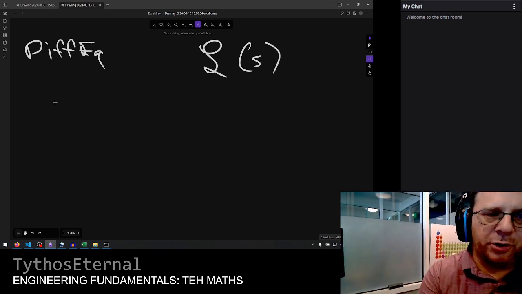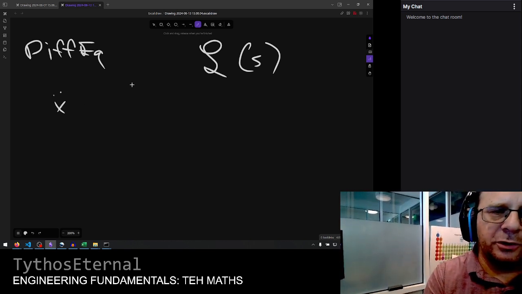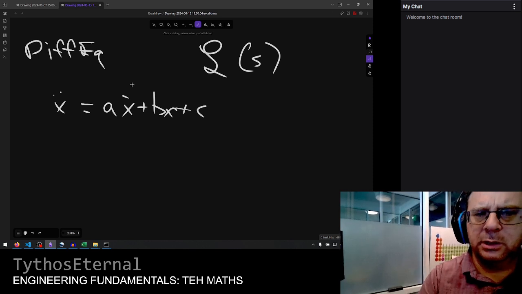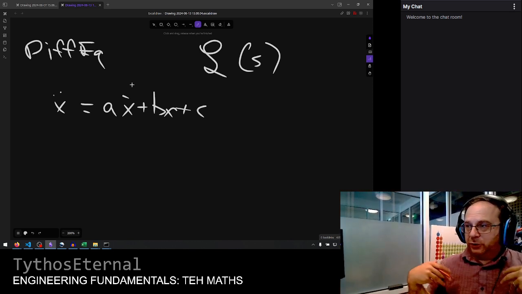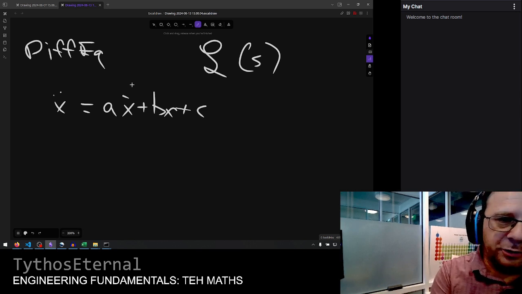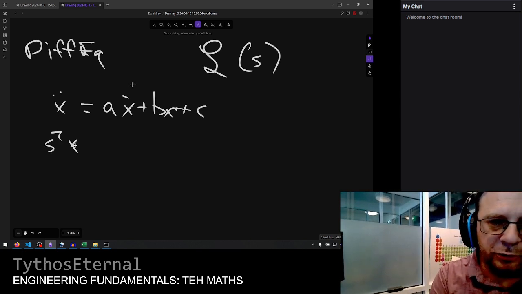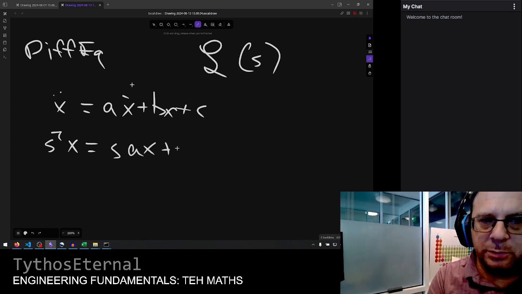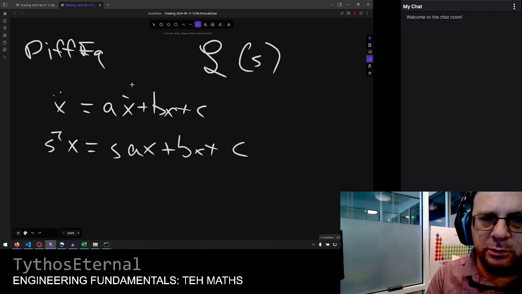So we can have some expression in time that says the second derivative of x is equal to a x dot plus b x plus c. And if we express this relationship instead within a Laplacian space, this turns into a much simpler problem. Second derivative becomes s squared, s a x plus b x plus c, right?